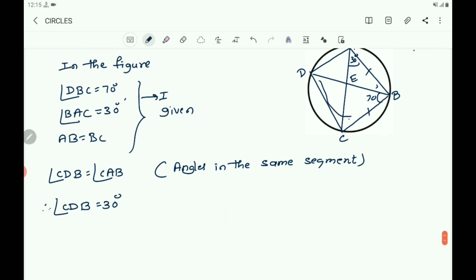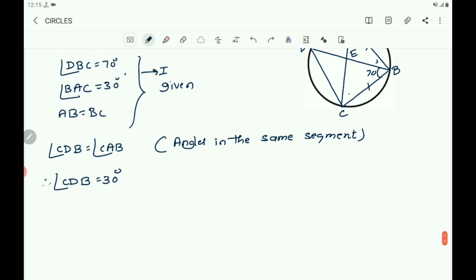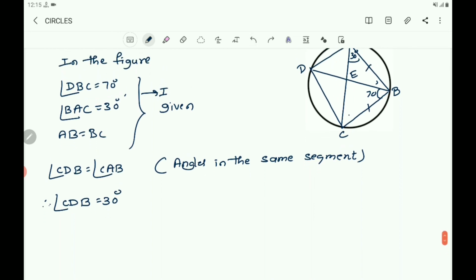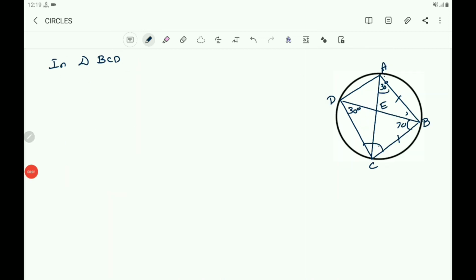Now you take the triangle BCD. In triangle BCD, you write this is 30 degree. In triangle BCD, angle BCD equals what? 180 degree minus sum of the remaining two angles.